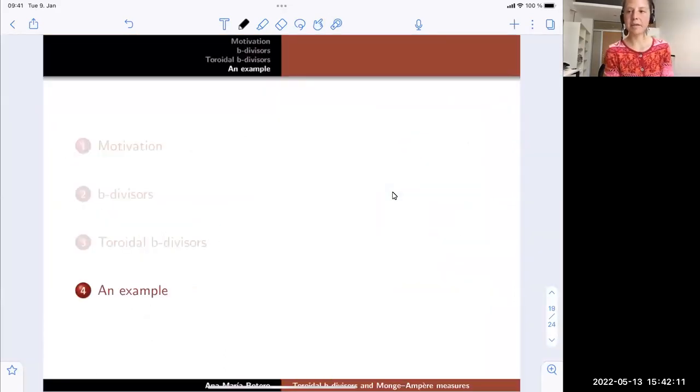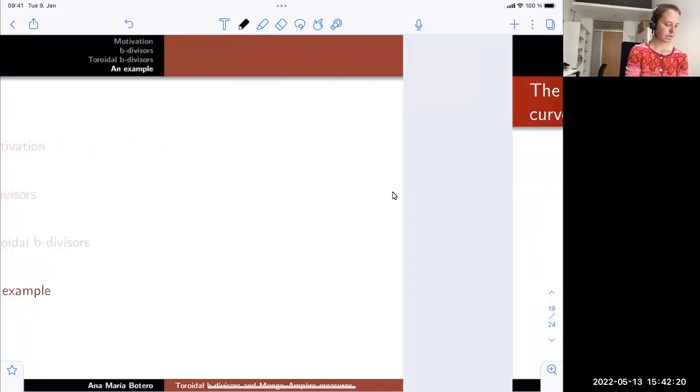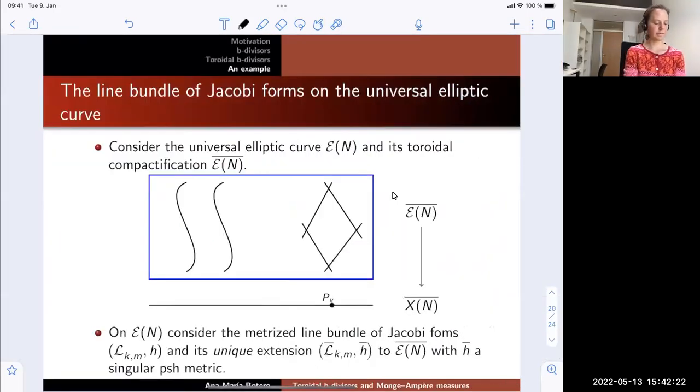And now let me go back a bit to the motivation and go back to the example we started with. So before I draw the picture, you recall that we considered this universal elliptic curve and its toroidal compactification. This is already the toroidal compactification, which you construct by adding these n-gons above the cusps.